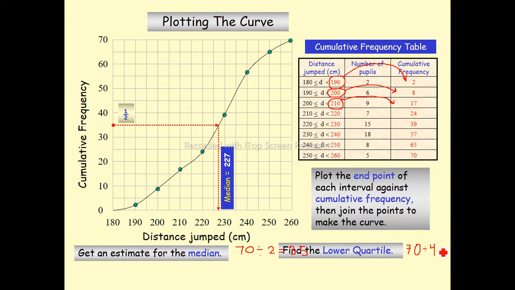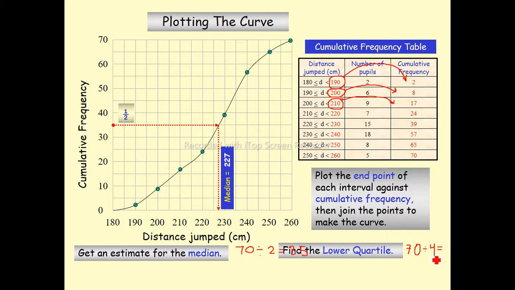So 70 divided by 4, which is what? 17.5, or 17 and a half.